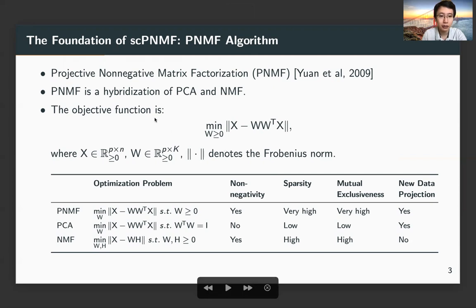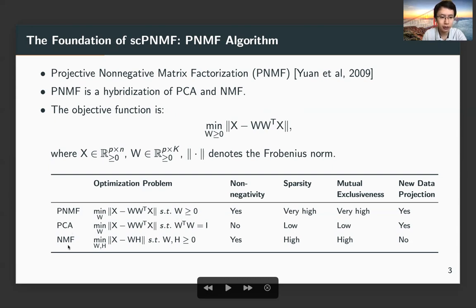The objective function is like this, where X is the expression matrix with P genes and N cells, and W is the weight matrix we try to estimate with only K bases. Here we want to minimize the Frobenius norm of X minus WW transpose X. If we compare this objective function with PCA, we can see they are very similar to each other. The difference is that PNMF requires W to be non-negative.